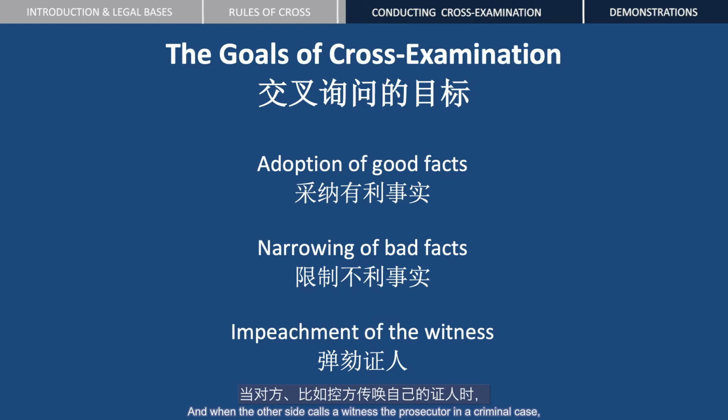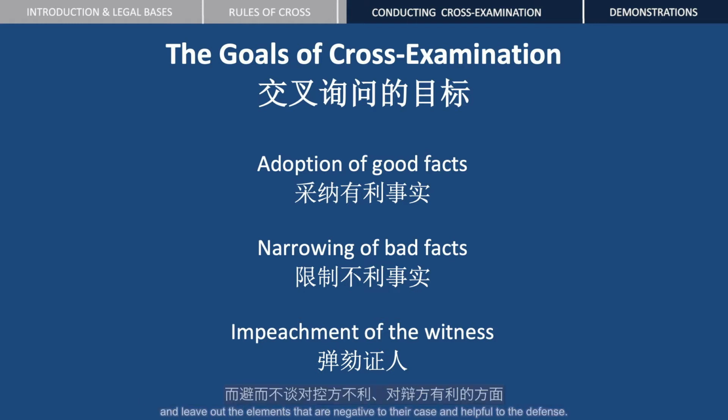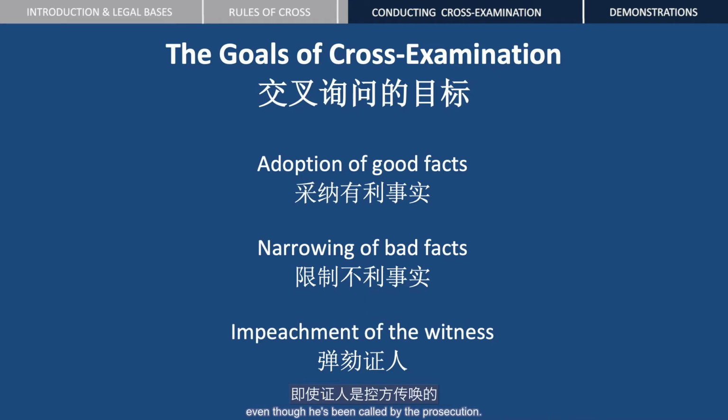And when the other side calls a witness, the prosecutor in a criminal case, they may only bring out the elements that are positive to the prosecution's case and leave out the elements that are negative to their case and helpful to the defense. So the defense lawyer, in the first instance, may need to bring out helpful evidence from a witness, even though he's been called by the prosecution.